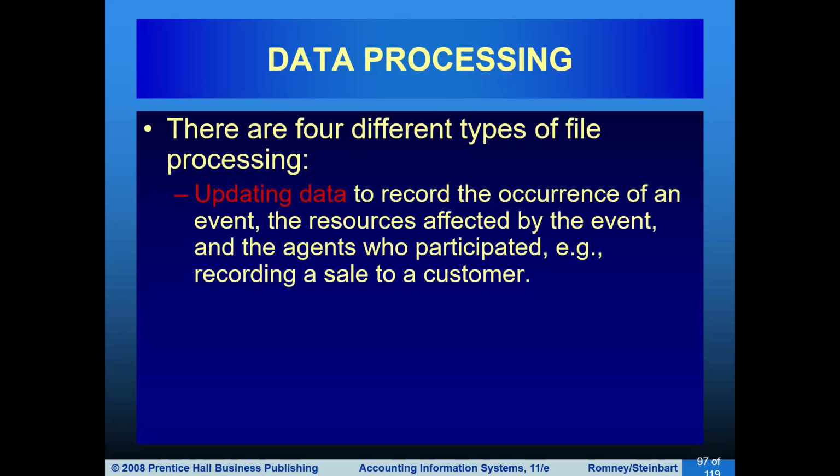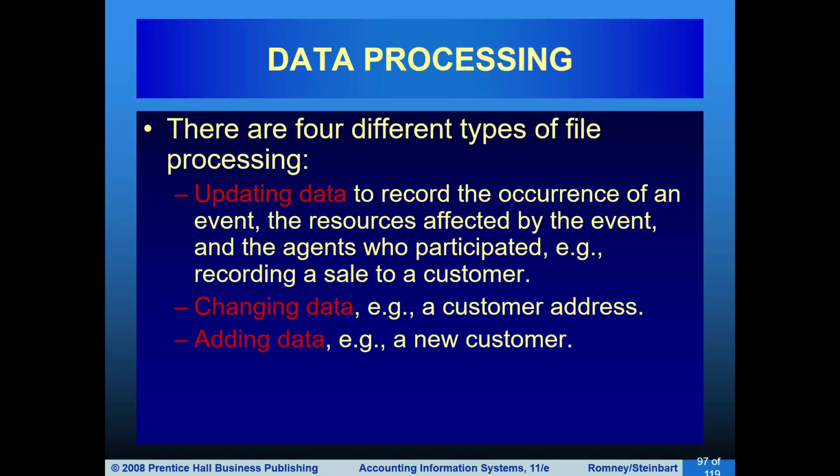Example, recording sales to the customer. Because same customer, you have to update. That's update. Change in data, maybe customer address also changing, phone number changing. Adding data, you have to add always new customers. We have a space for that.